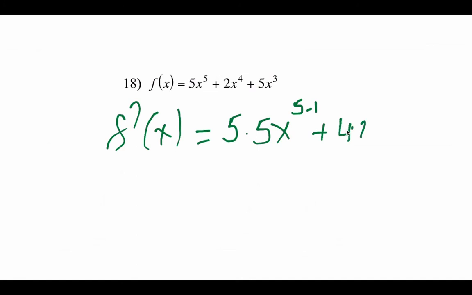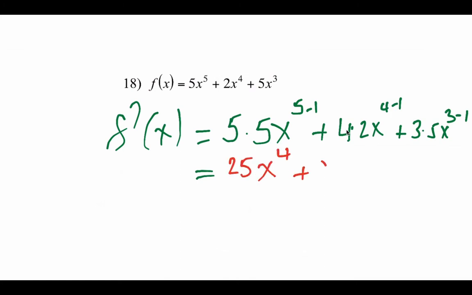So this is 4 times 2, x to the 4 minus 1, plus 3 times 5, x to the 3 minus 1. I'm going to go over this one a little bit fast because I think we just covered it. You just had a test on this one, but let me know if I need to slow down. 25x to the 4th power plus 8x to the 3rd plus 15x to the 2nd power.